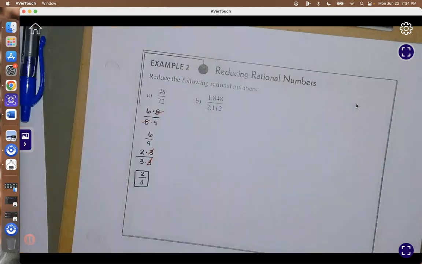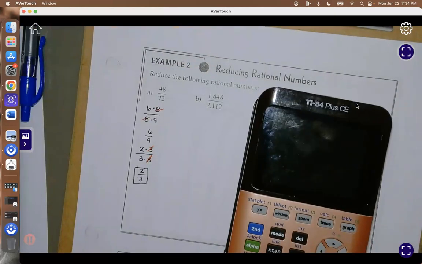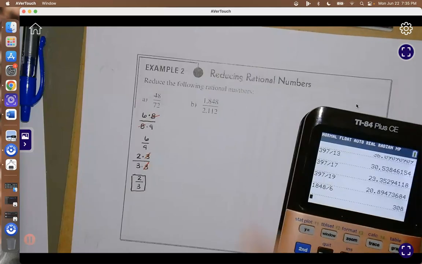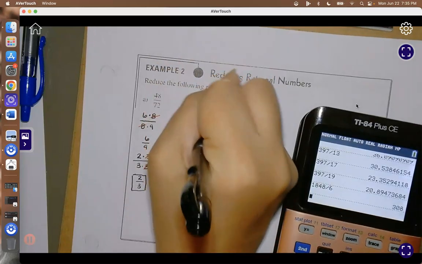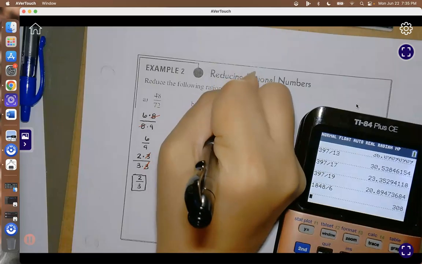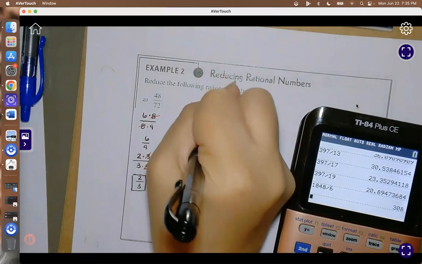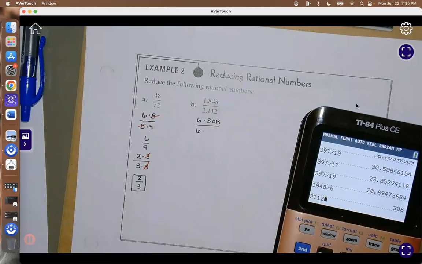So let's see how many times 6 will go into both of these numbers using our divisibility rule here. So 1848 divided by 6 is 308. And then let's see how many times 6 will go into this one. 352.